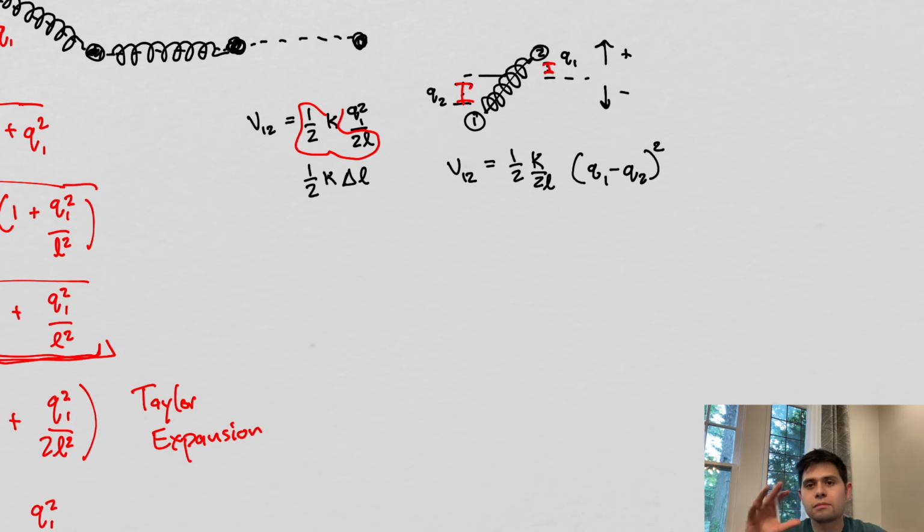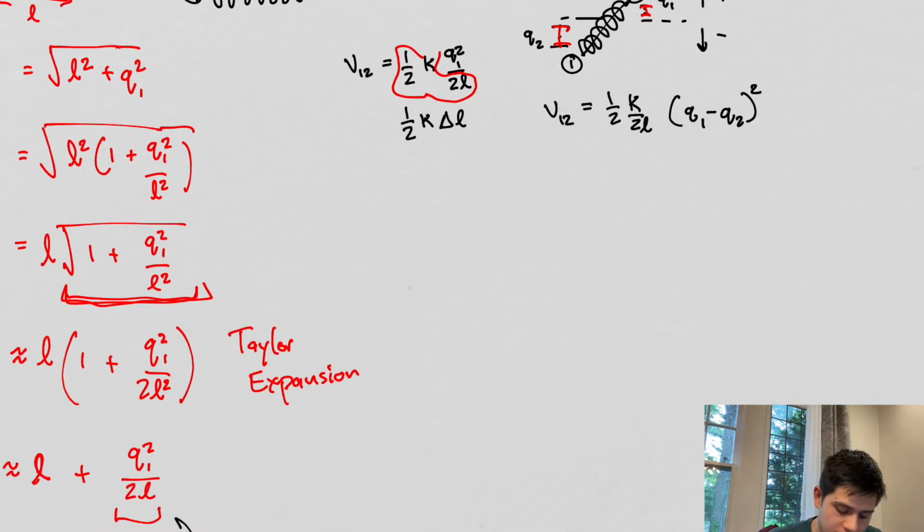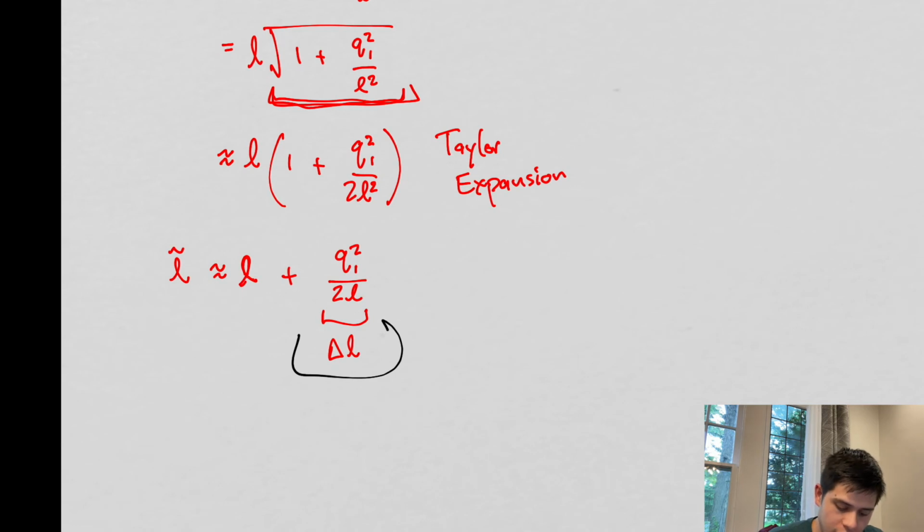So we can begin to make sense of what the potential looks like, given that we have this right here, because this all relies on this, because this was the form that delta L took.